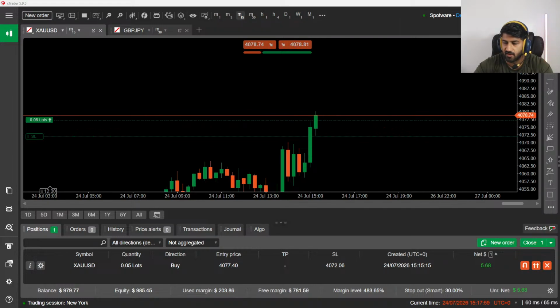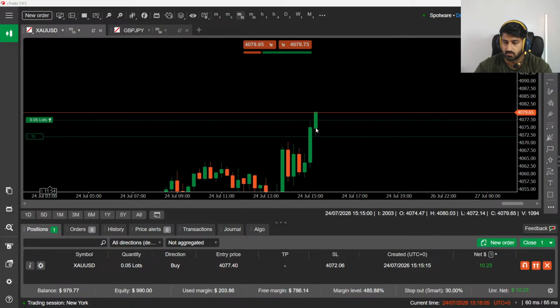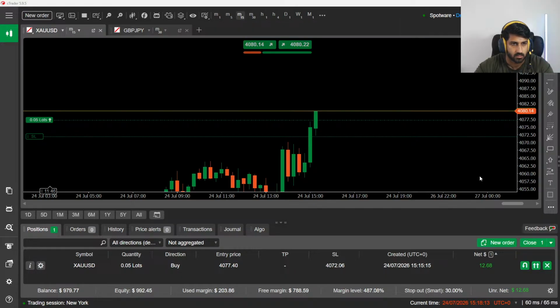This last 5-minute candle was a lot of volume. That's the only reason why I'm staying in this trade. So I'm about 20 pips in. I'm watching it.